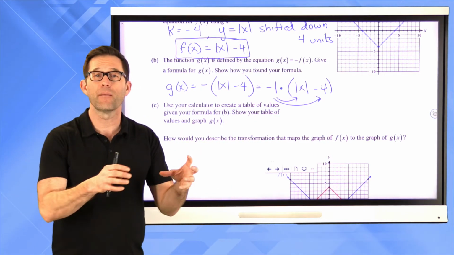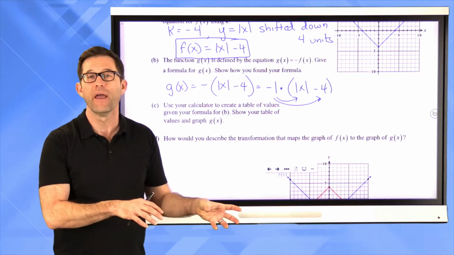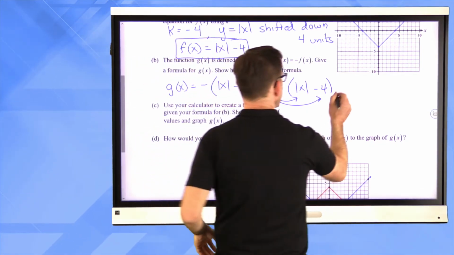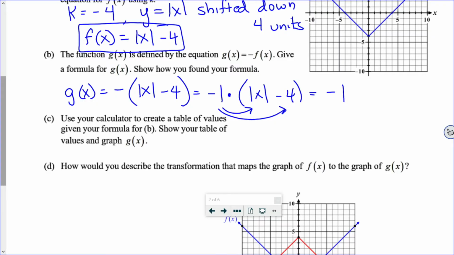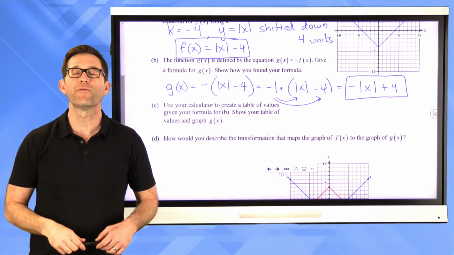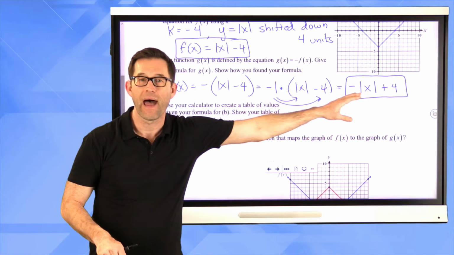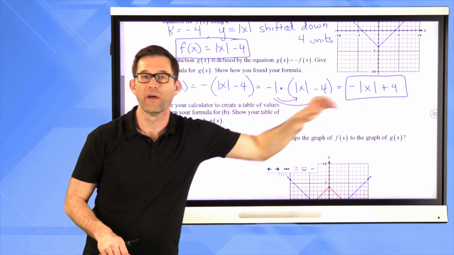We can't take a number outside of an absolute value bar and suddenly put it inside of the absolute value. The best that we can actually do is just keep that negative symbol outside of the absolute value, and then of course -1 times -4 is positive 4. So there is our formula for g of x. g of x is equal to the negative absolute value of x plus 4.